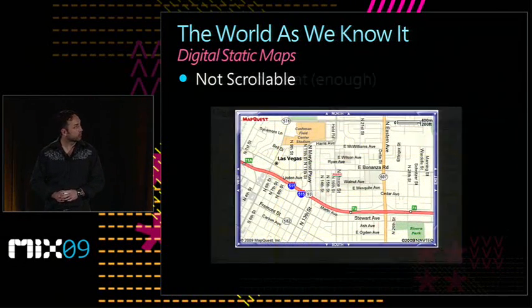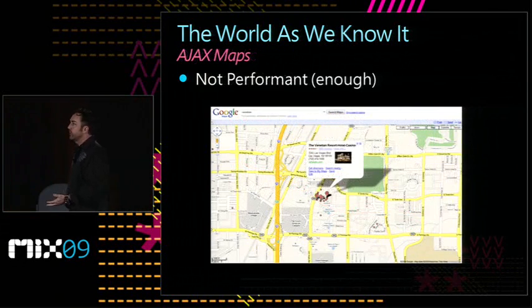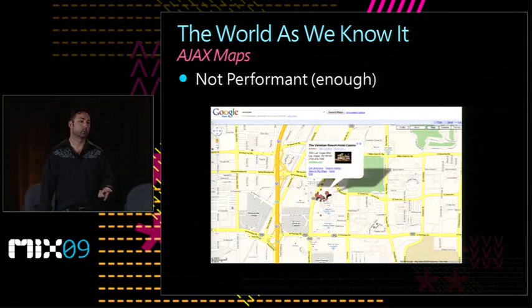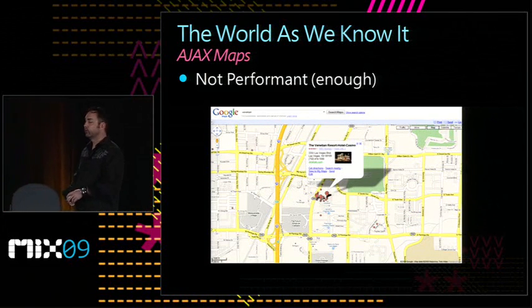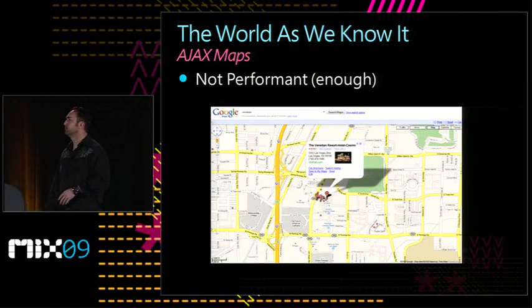Well, then we went to Ajax maps, right? Well, they're great, right? When Google came out with Google Maps, it was all right. I mean, that was it. It was great. Until you wanted to add a lot of data to the map. Not performant enough, right? We're greedy, we want more.